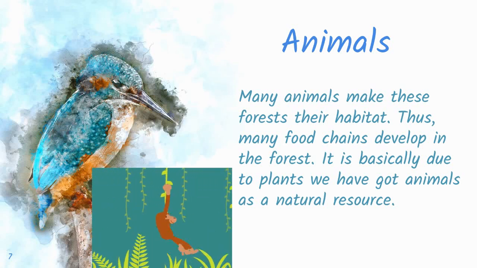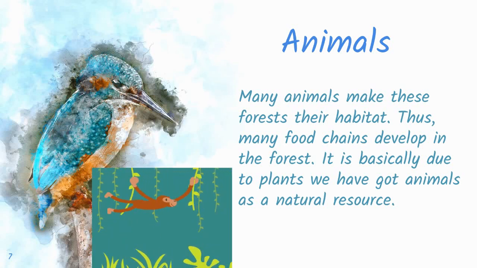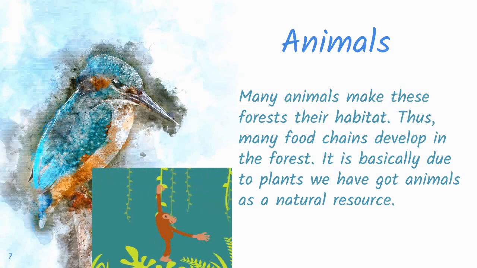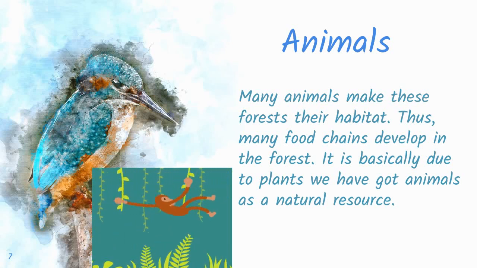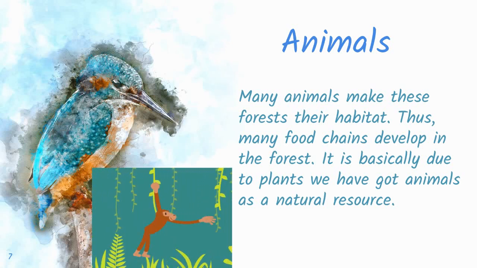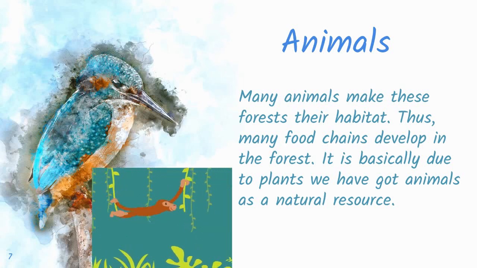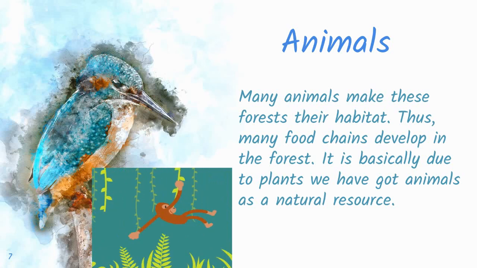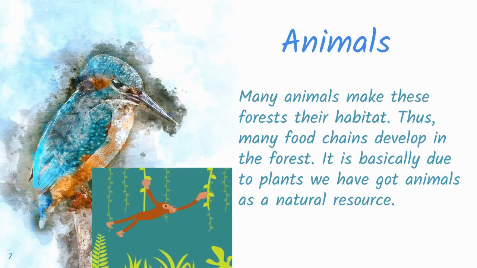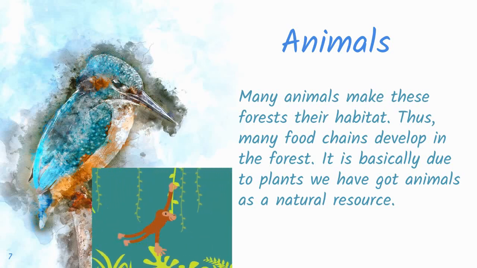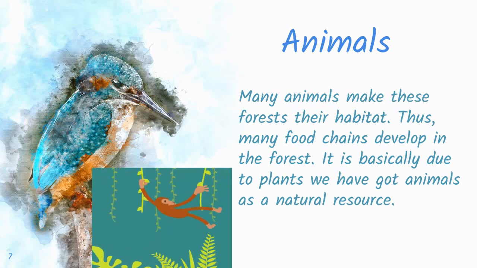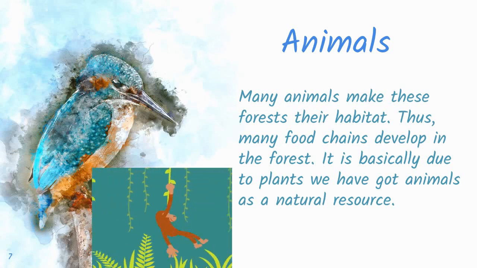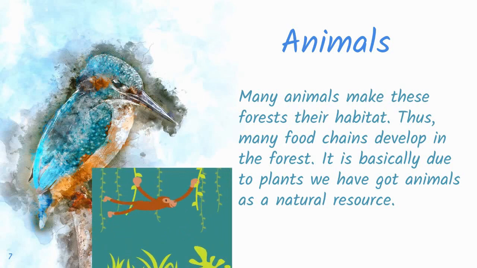As you know, plants are the primary habitat for thousands of other organisms. Animals live in, on, or under plants. Plants provide shelter and safety for animals. They also provide a place for animals to find other types of food.